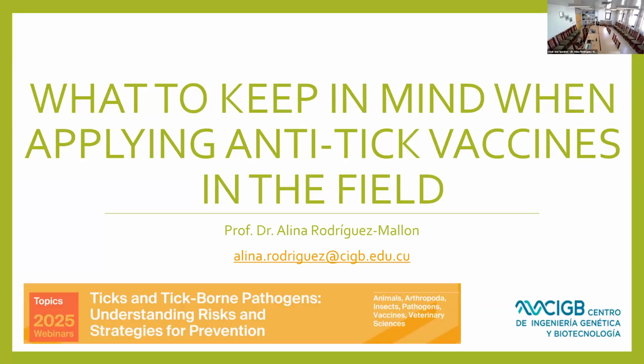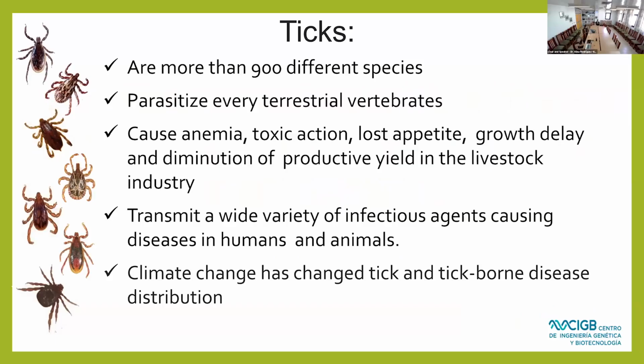This is an important topic because there are more than 900 different species of ticks described, and they parasitize every terrestrial vertebrate, and they cause anemia, toxic effects on the host, and there are direct effects on the host, like appetite loss, growth delay, and in general, a diminution in the productive yield in the livestock industry.